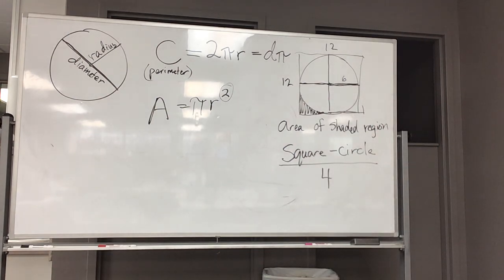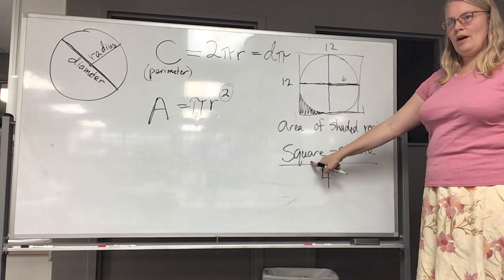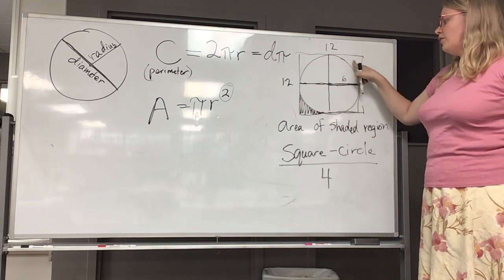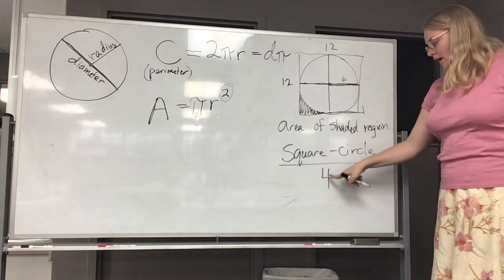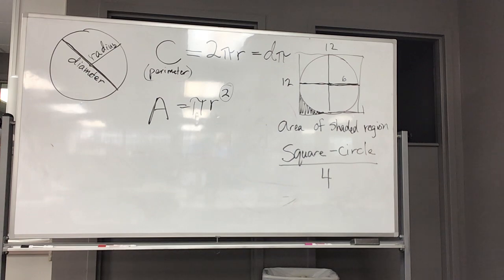So conceptually, what you need to know is that in order to find this piece, you're going to take the square that we found, subtract the circle, which would give us all 4 of these pieces, and then we divide by 4 in order to find one of those pieces.